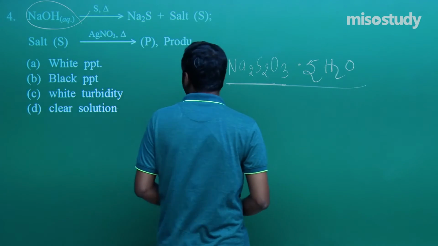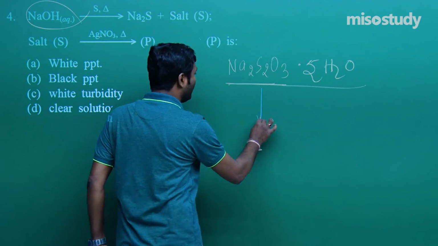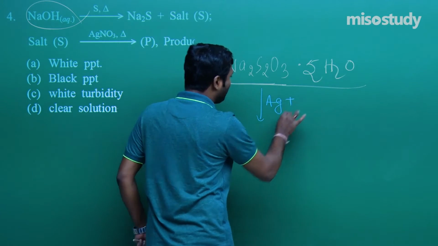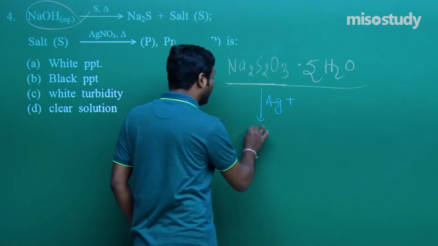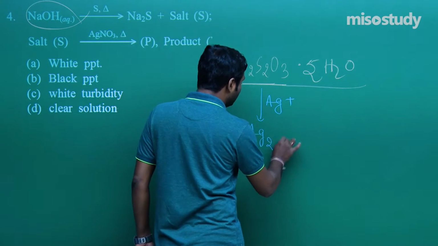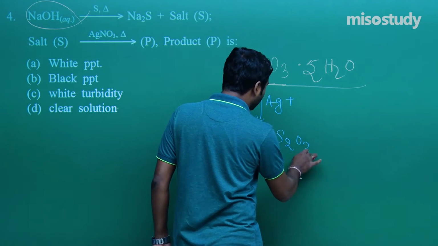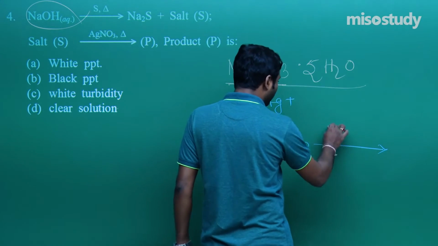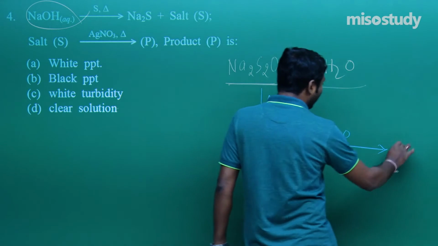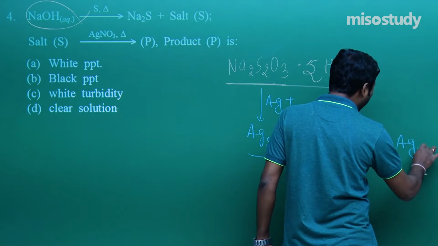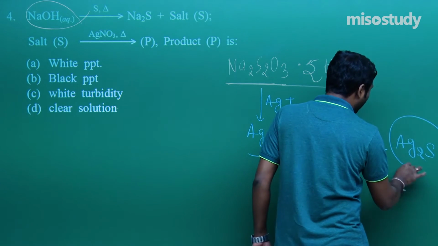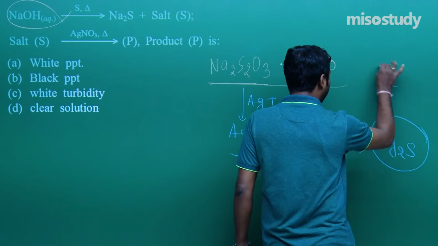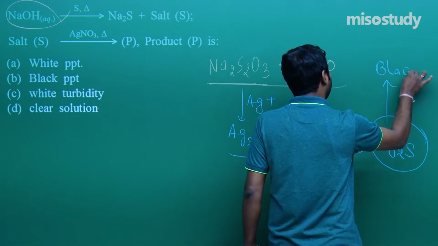This one is hypo. And when hypo is treated with AgNO3, Ag+ ion, then what will happen? Sir, it forms Ag2S2O3, which is white. Then on further treatment, that is hydrolysis, it finally gives you a black precipitate due to the formation of Ag2S.